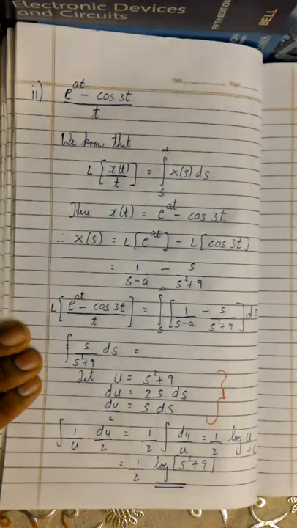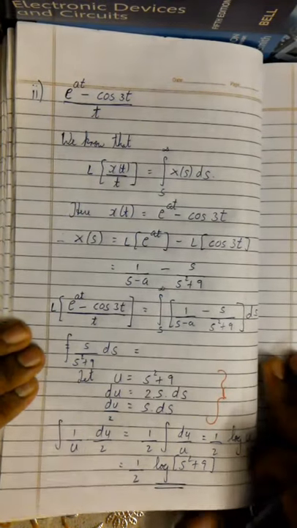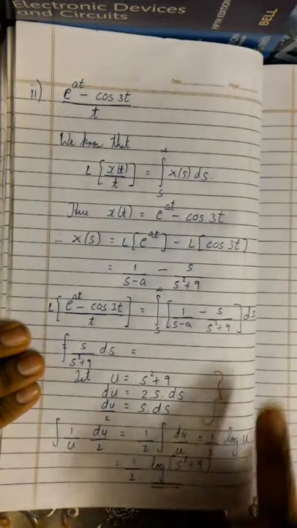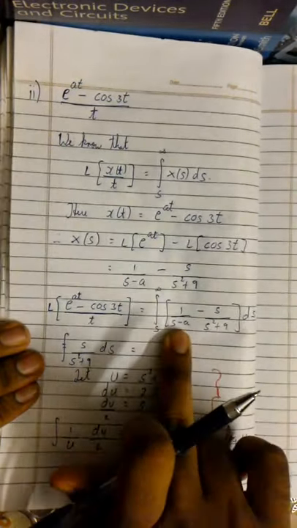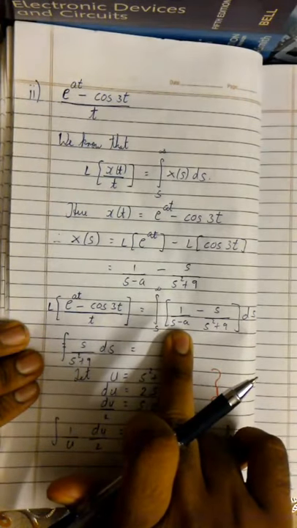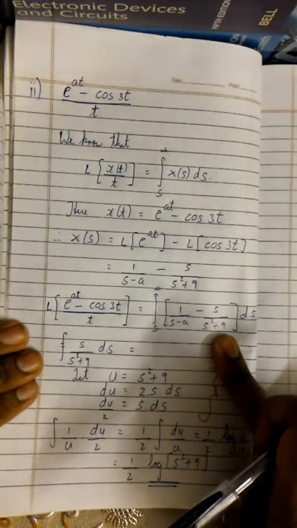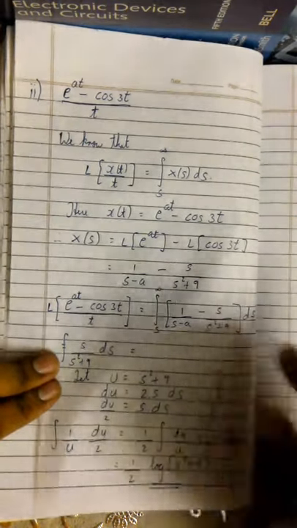Right, so now I'm going to apply this equation over here. I know the integral of this is log s minus a, and this is 1 by 2 log s square plus 9, right? So I'm going to substitute these things over here.